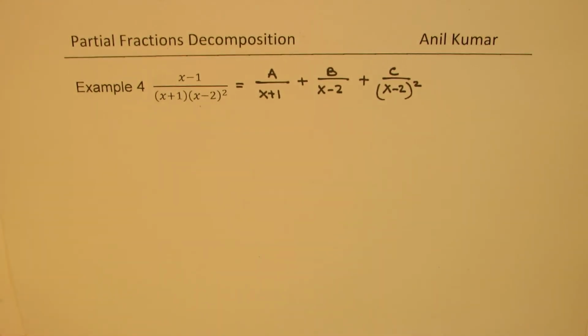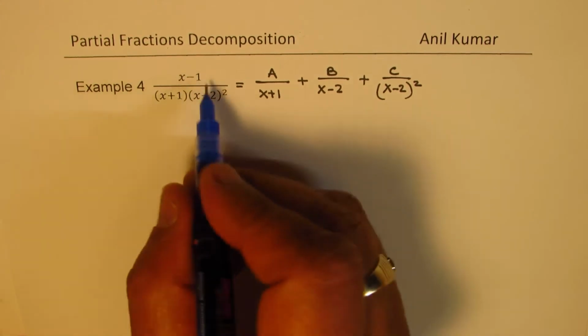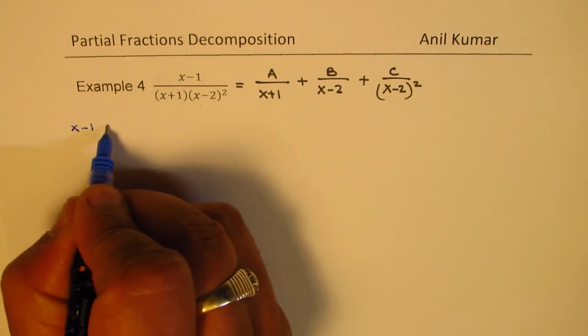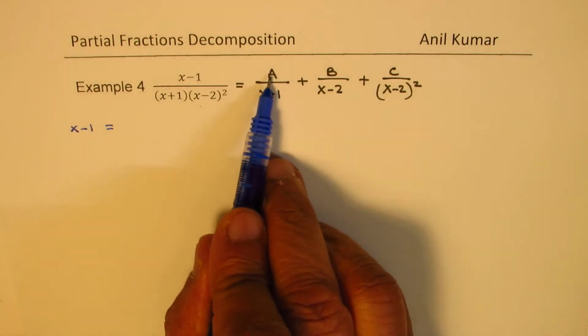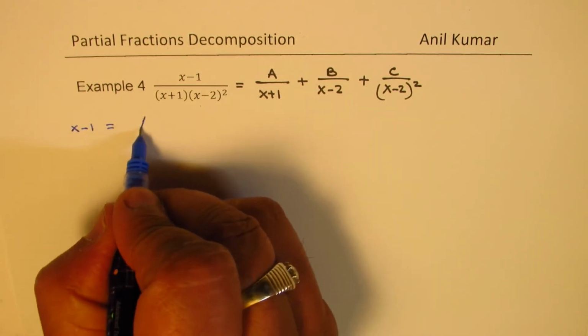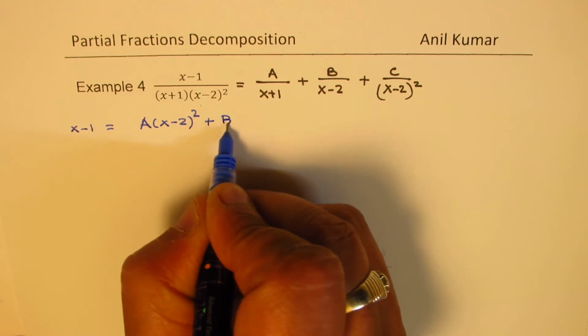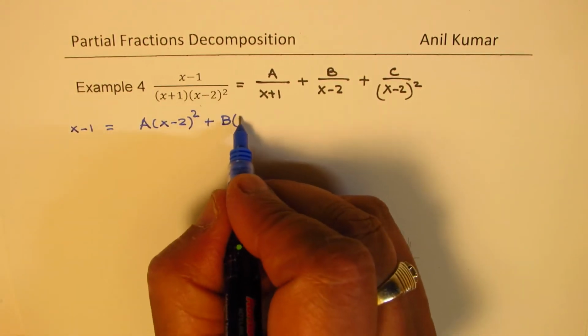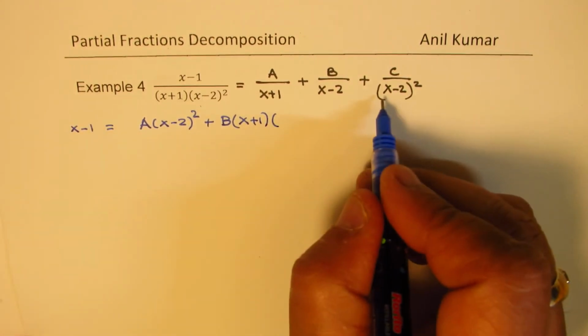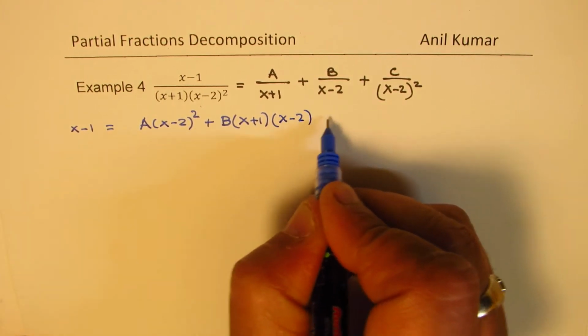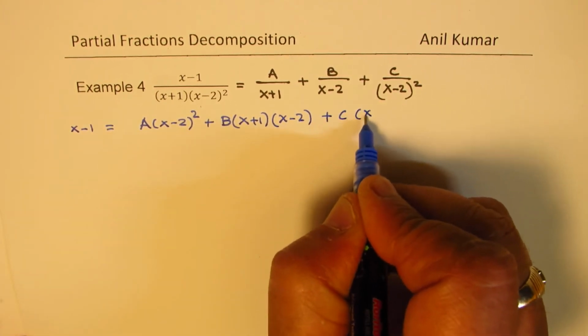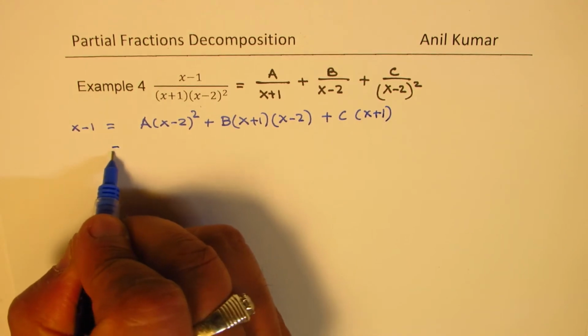Now, to get our result, we'll again equate x minus 1, 2. We'll multiply a by this denominator, which is x minus 2 whole square, plus b times x plus 1 times x minus 2, right? Plus c times x plus 1, correct? So let's expand this.